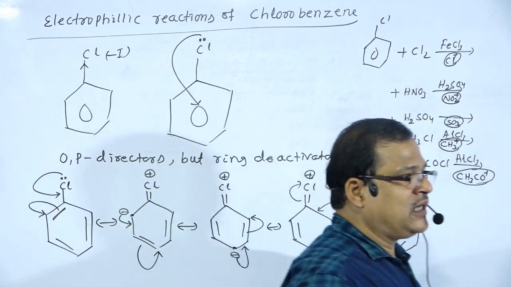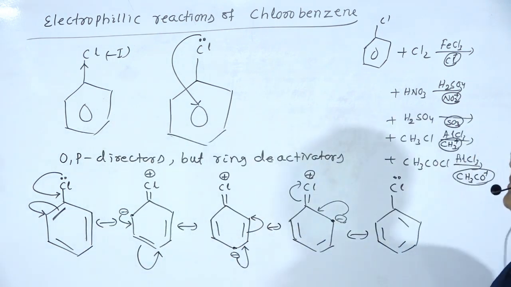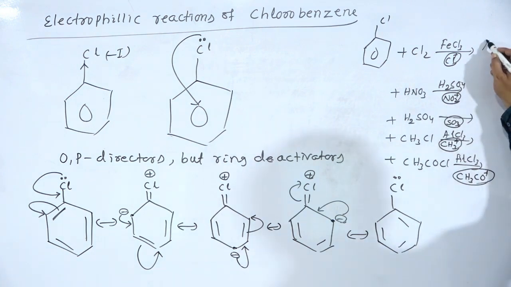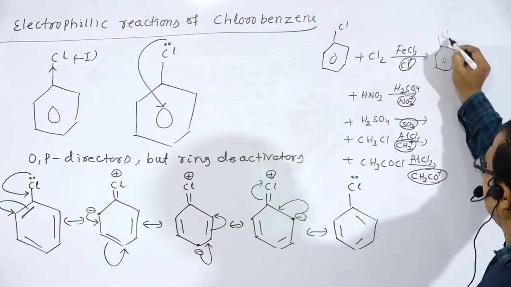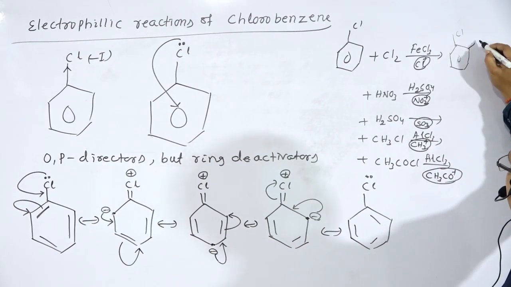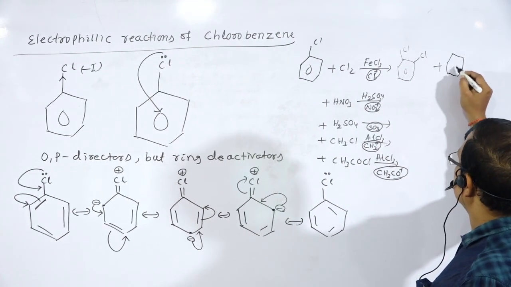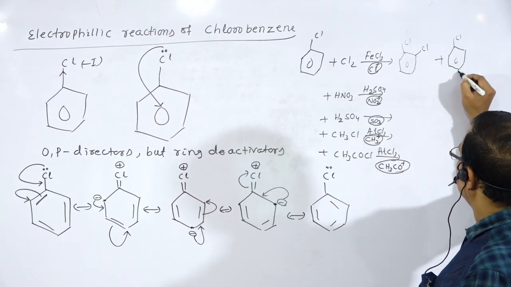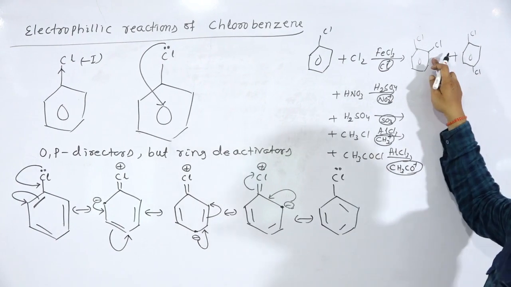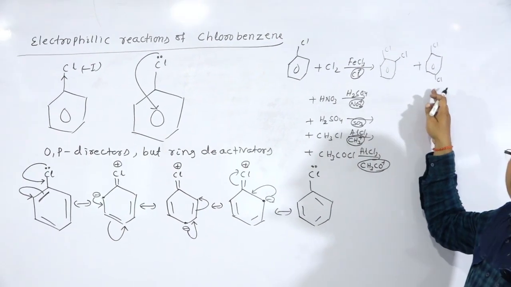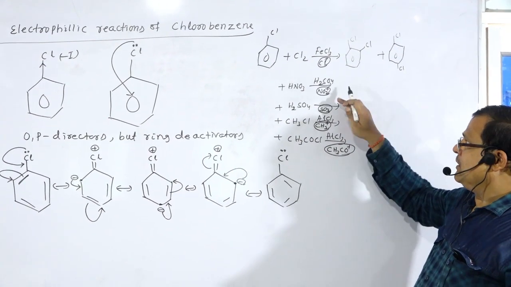So what are the products that will be found? In chlorination, the ortho dichloro product or the para dichloro product will be found.